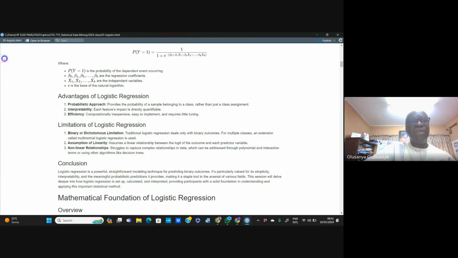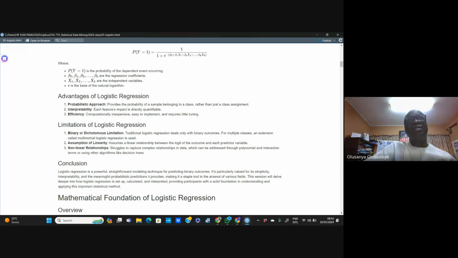Then with regard to computation of the parameters, the coefficients, you will agree with me that it's not as easy as linear regression. So linear regression is computationally more efficient, compared to logistic regression. But logistic regression is also easy to implement.